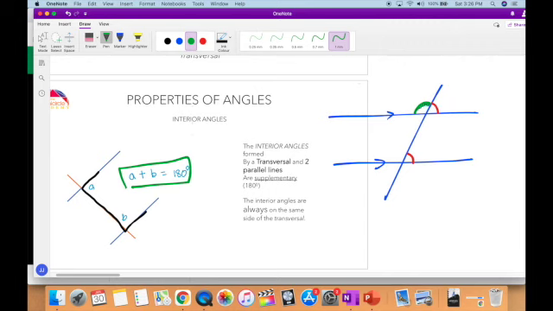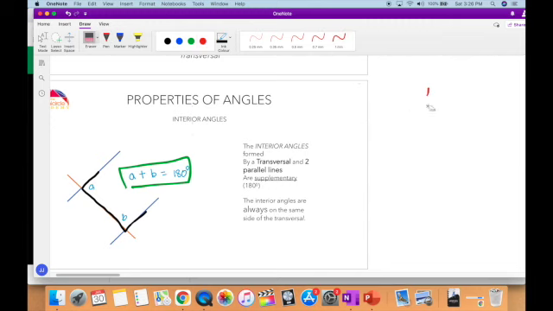But this green is vertically opposite to this green over here. Because they're vertically opposite, they would be equal. So I have a green on the inside here, and a red on the inside here, and red and green is equal to 180 degrees. So because of this, we can just learn that interior angles are 180 degrees, right?